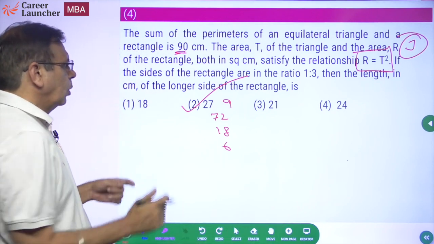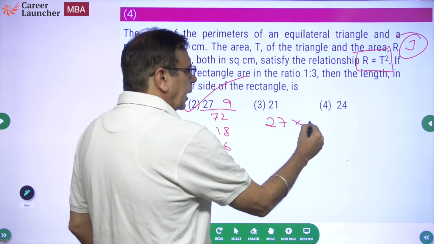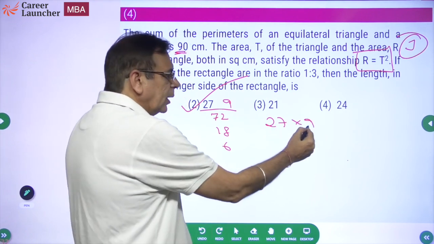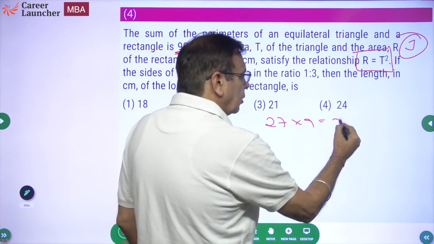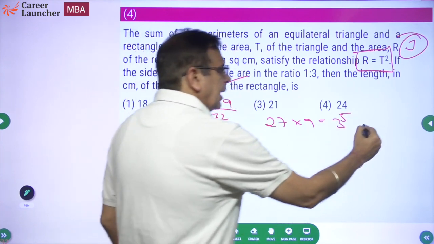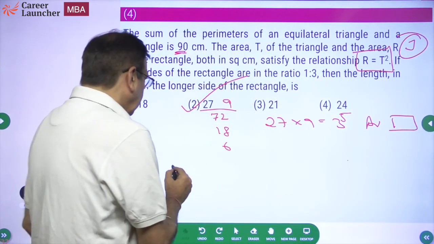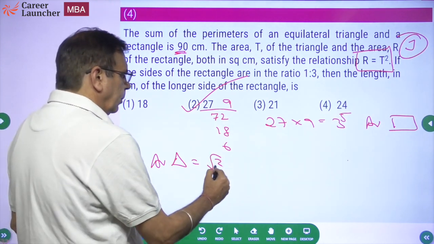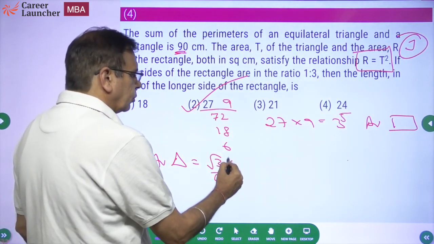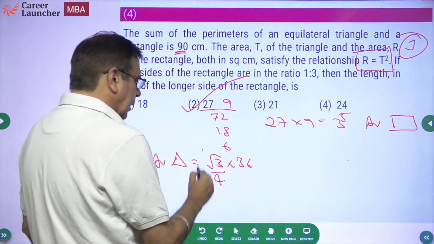Okay, so what is the area of this rectangle? 27 into 9. What is 27? 3 cube. 9 is 3 square. So 3 to power 5. This is area of the rectangle. What is area of the triangle? It will be root 3 by 4 into side square, which is 36. And we need the square of the area.